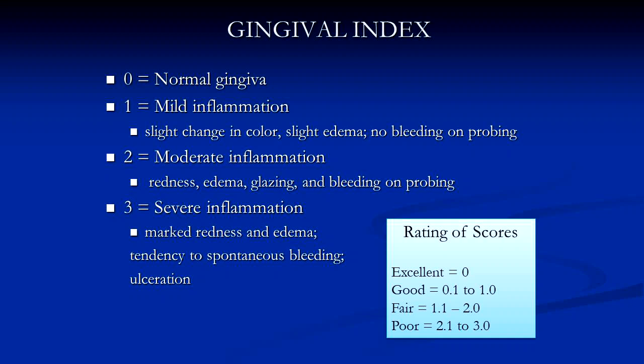So what's interesting, whenever you're using the plaque index and the gingival index, you can have a GI that, let's say, is a 3, but a plaque index of a 0. What do you think is happening there?